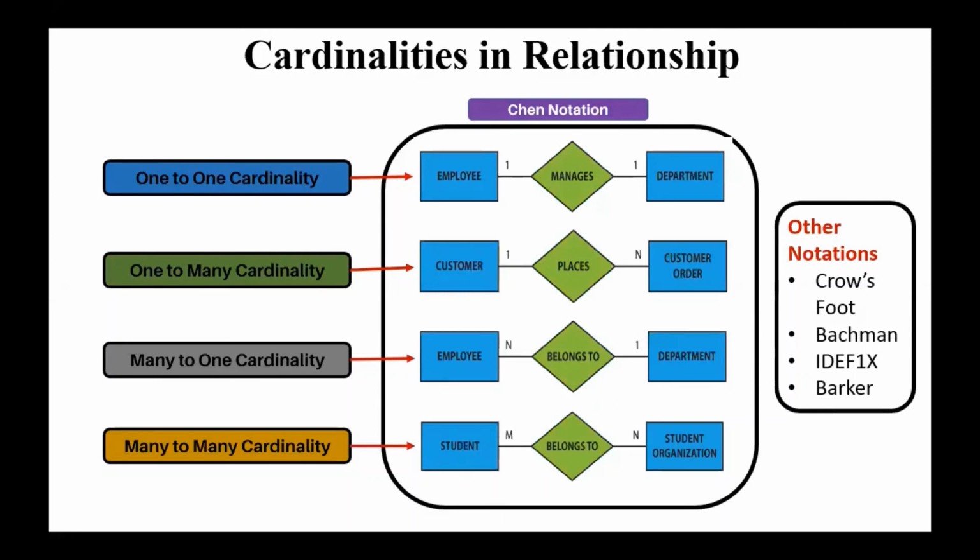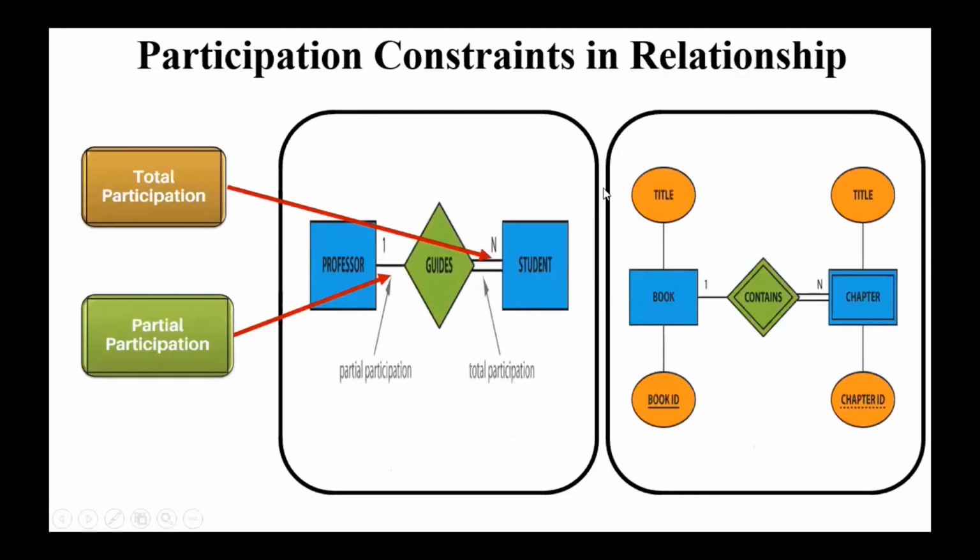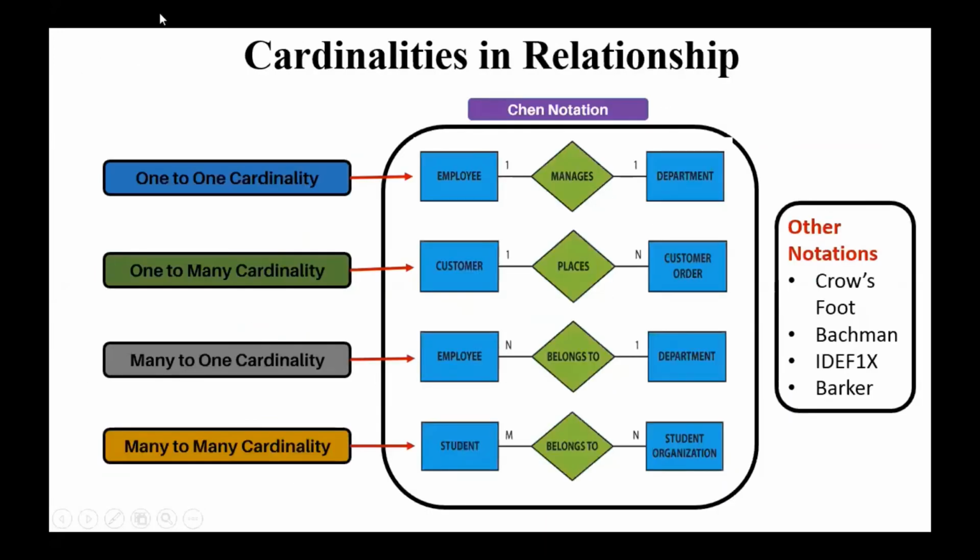Every department will have one employee as HOD, and only one HOD manages the computer department. So this becomes your one to one. In your relationship, you write one and one. Is it clear? First case, one to one cardinality.